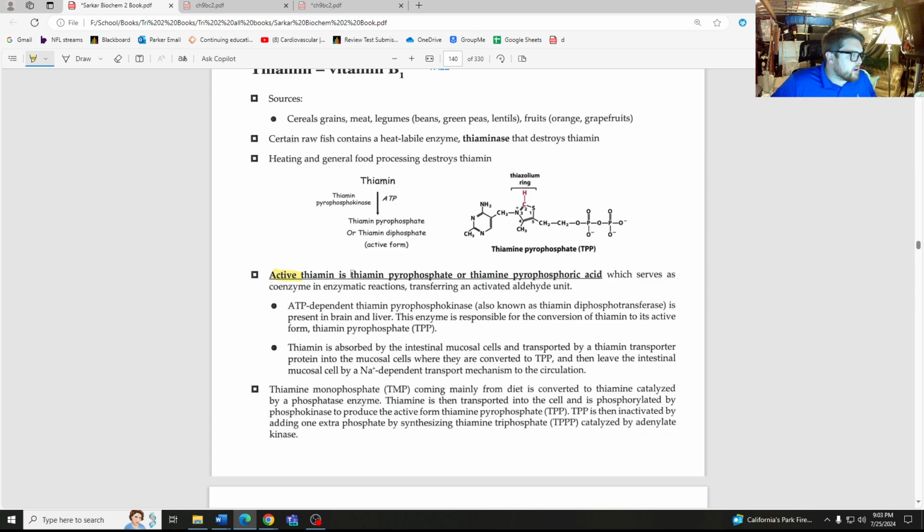So the active forms are thiamine pyrophosphate or thiamine pyrophosphoric acid. Another name for this one is, we've seen it before, TPP. So thiamine pyrophosphate, thiamine pyrophosphoric acid, TPP, which serves as a coenzyme in enzymatic reactions, transferring an activated aldehyde unit.